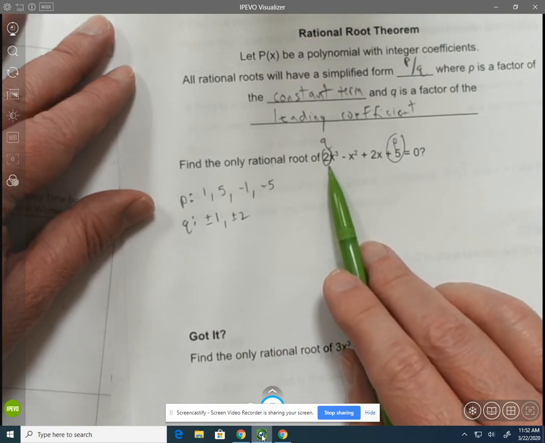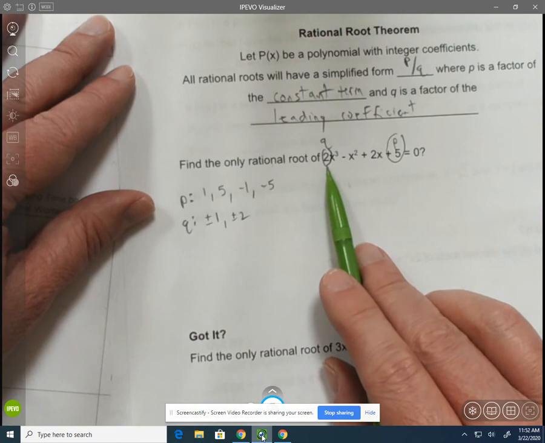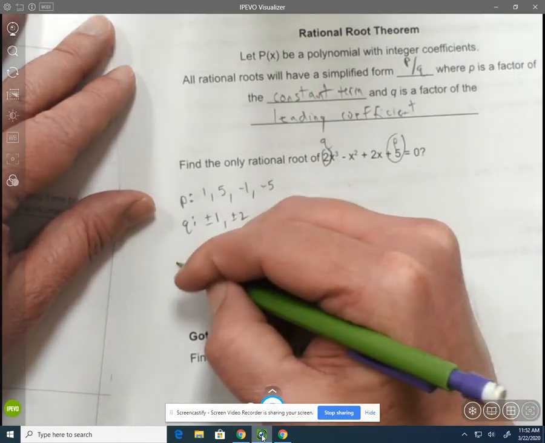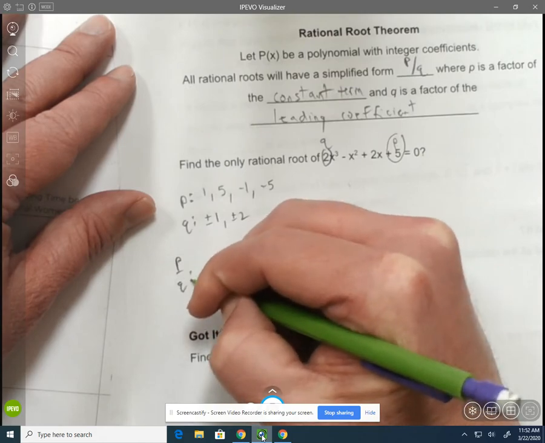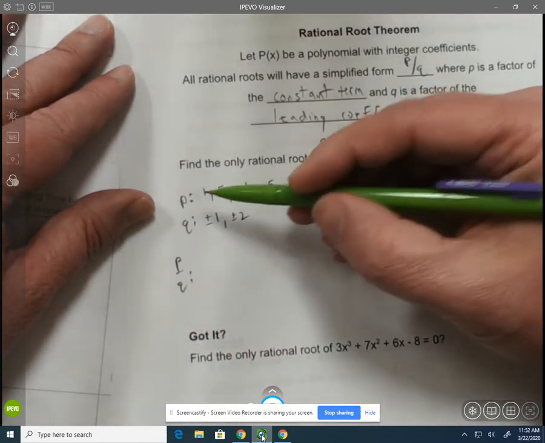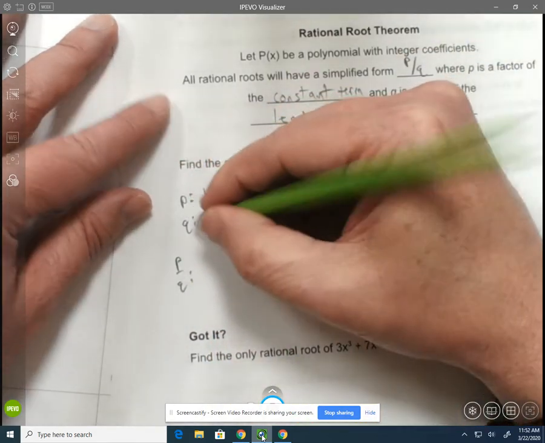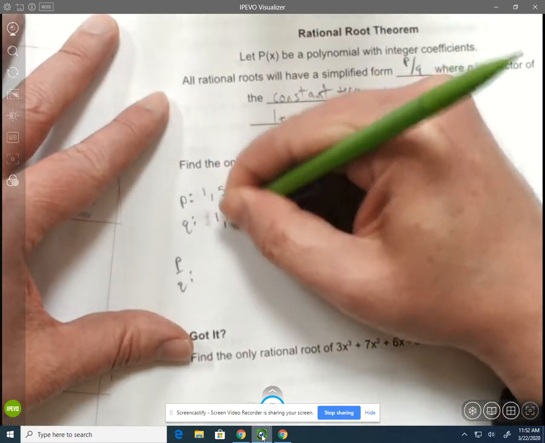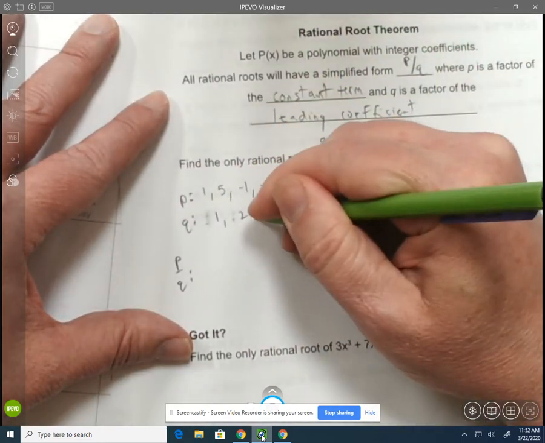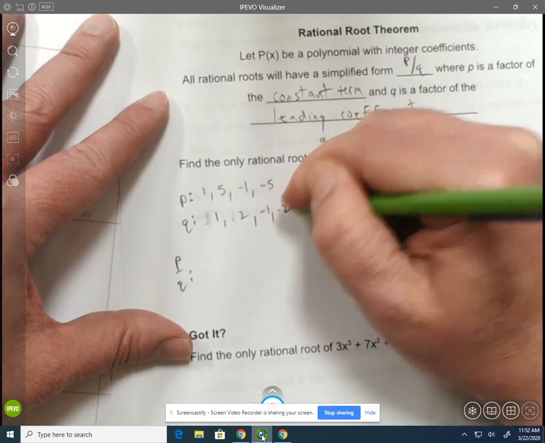I guess I'm getting ahead of myself. But the one rational root, the one fractional root, looks like this: all the different possibilities of p over q. I'm going to change what I did up here. I'm going to write this as 1, 2, and then -1 and -2.